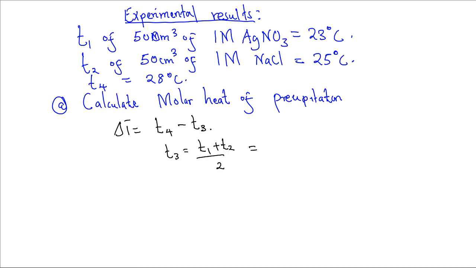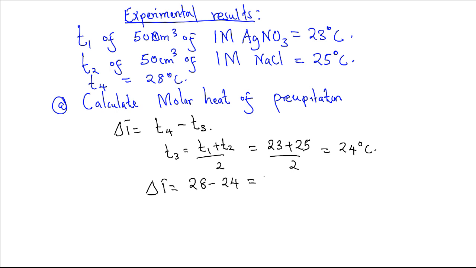So that is 23 plus 25 all over 2, giving 24 degrees Celsius. So delta T first will be T4, which is 28, minus 24, giving a change of 4 degrees Celsius.